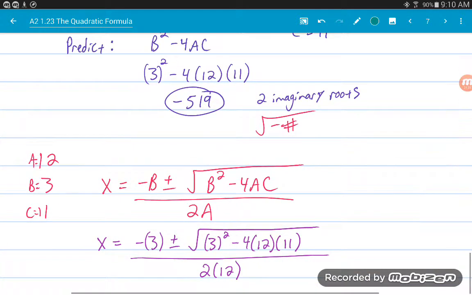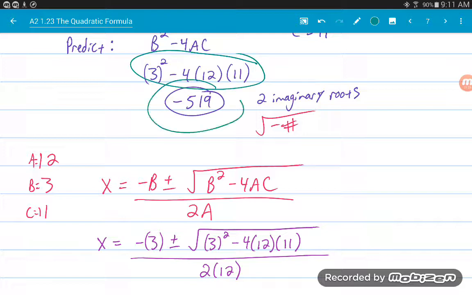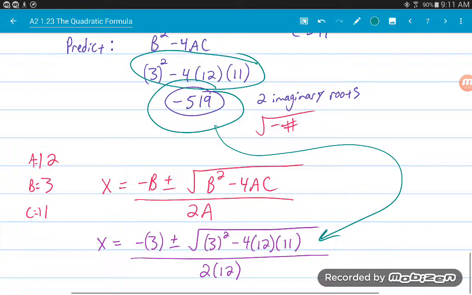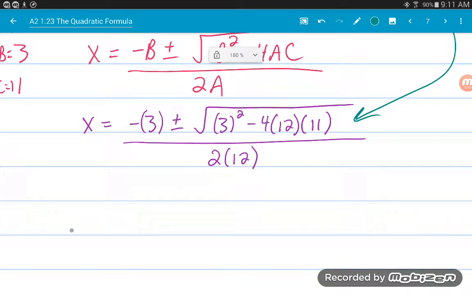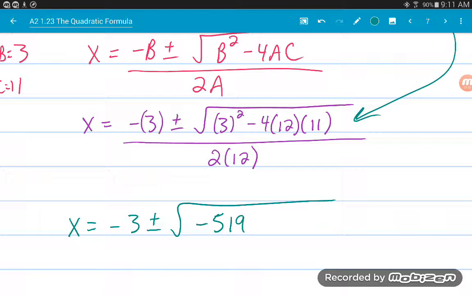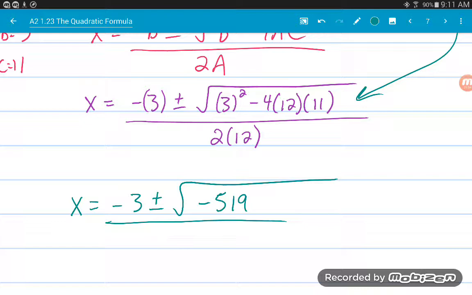If you've been paying attention, we already solved what this is underneath the radical. So when you test first and then plug in, it's like you've already done part of the work of the quadratic formula. So I know that underneath the square root, I have negative 519. So I've got x equals negative 3 plus or minus the square root of negative 519 all over 24.